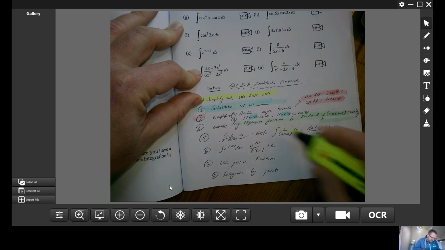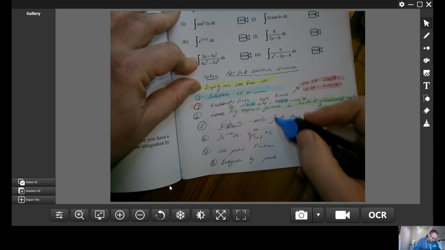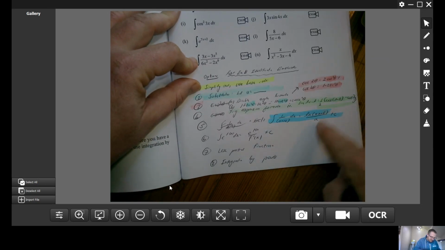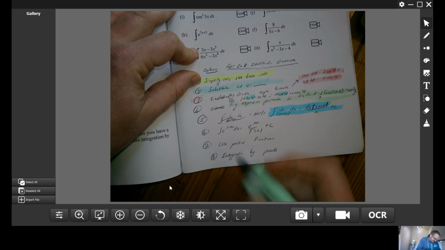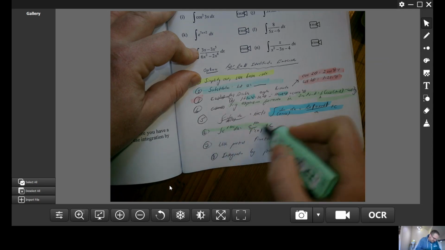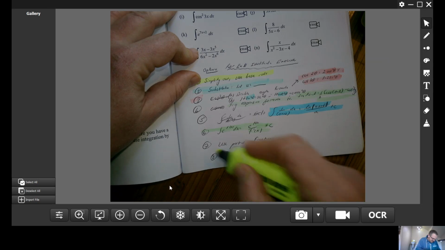Remember here, the integral of 1 over ax plus b is equal to ln of the absolute value of ax plus b, divided by a to compensate for the chain rule. Look out for this integration over here: the integral of e to the f of x is equal to e to the f of x, divided by f dash of x, plus c, to compensate for the chain rule. If the denominator is linear, use partial fractions, look out for that.